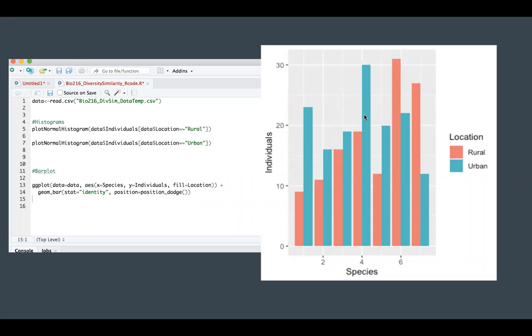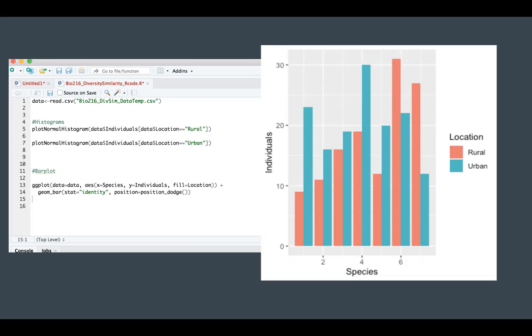Lastly, I also did a diversity similarity test in R code, and the code on the left shows what I did to produce the figures, and the figure on the right shows, on the x-axis, the species, and each species is assigned a number, and the y-axis shows the number of individuals.